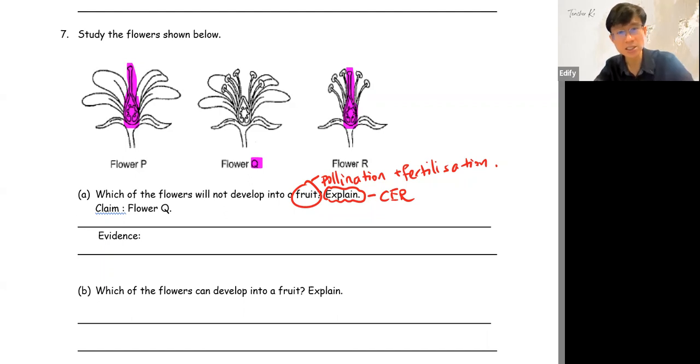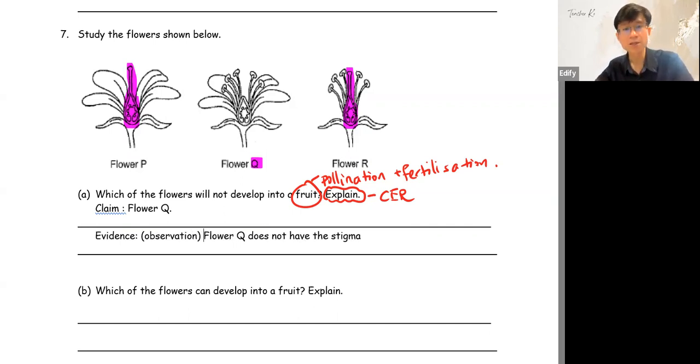Oh, I see that flower Q does not have the stigma, or you can say the stigma is removed. Okay, that is what I see, and because I see that, I know it's not going to develop into a fruit, right? So that is my evidence. So evidence is basically your observation. Okay, take note, this is basically your observation.